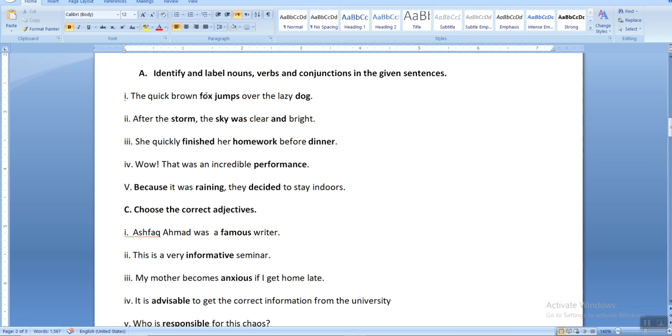Fox, which is written in bold, is a noun, and there is another noun in the sentence, that is dog. So in this sentence, fox and dog are nouns. You can write down in your book: noun, fox, noun. Jumps is the verb.